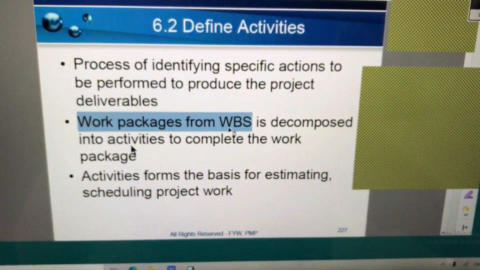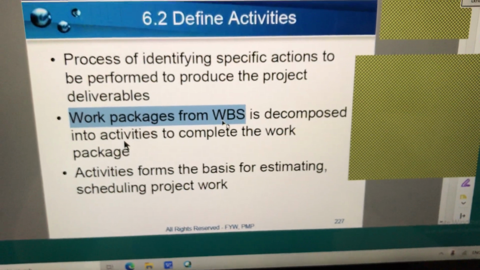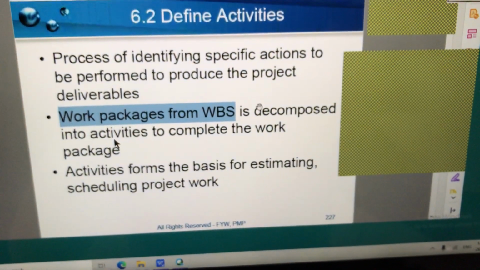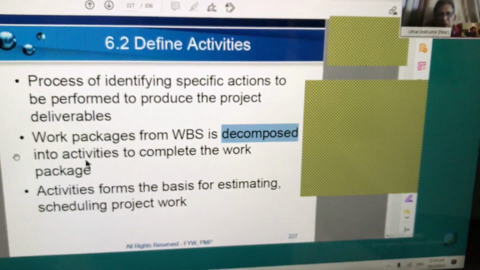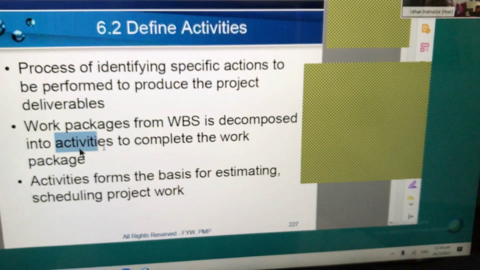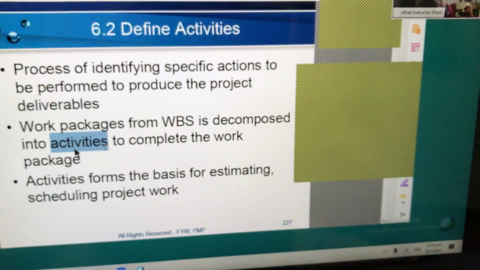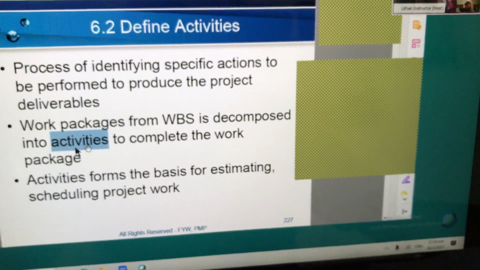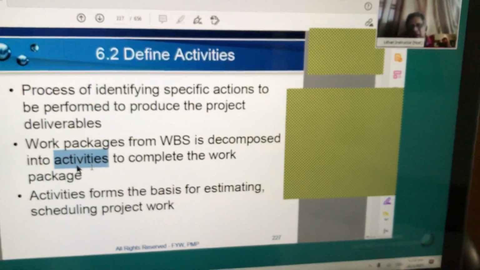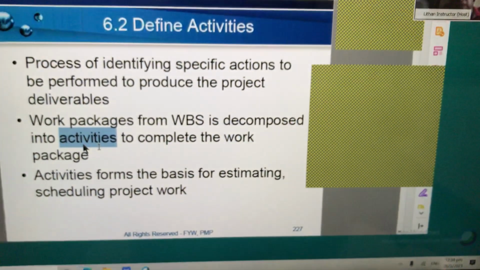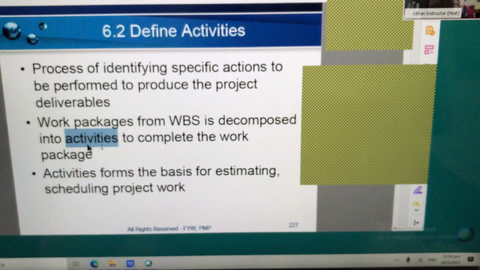So the WBS from scope is taken and is further decomposed. Decomposed means broken down into work items called activities to complete the work package. That is, the work package is broken down into activities. The child of a work package will be called activities in simple terms.